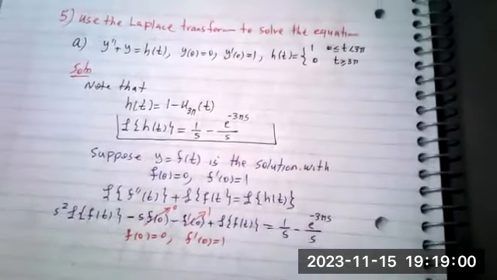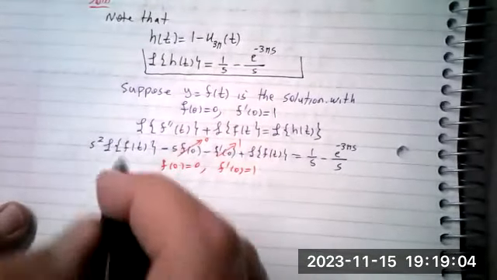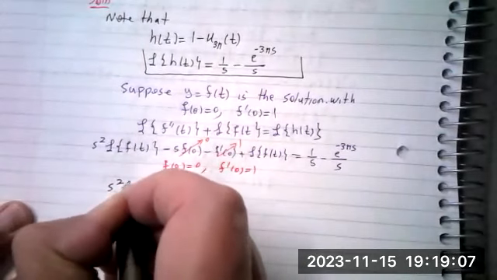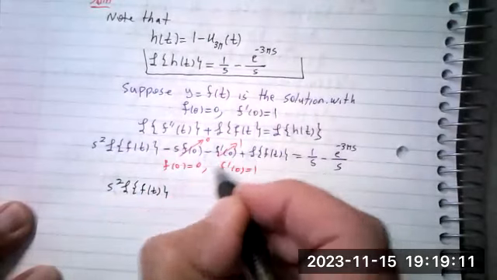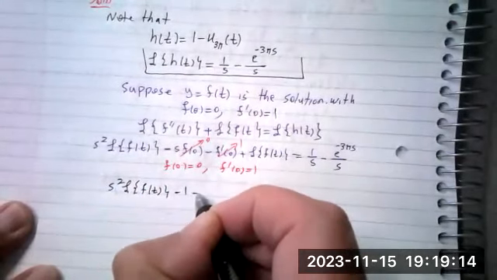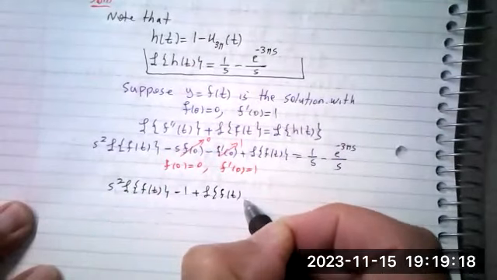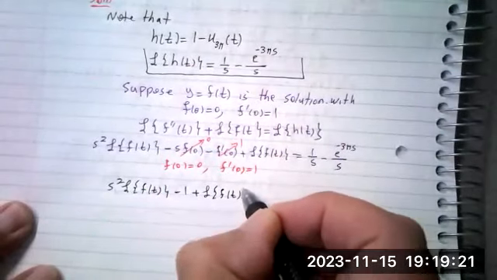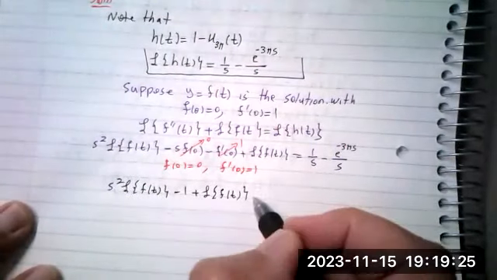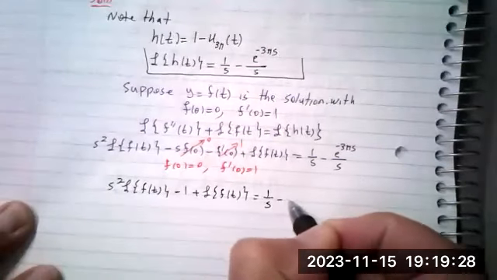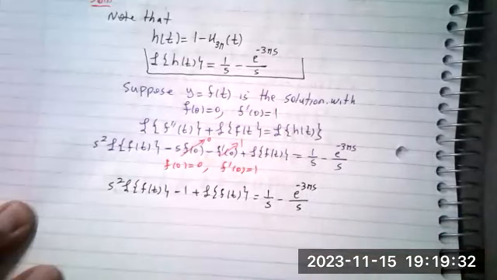Going back here, we get s squared Laplace of f of t, and that gives you a minus 1, plus the Laplace of f of t, equal to 1 over s minus e to the negative 3 pi s over s.